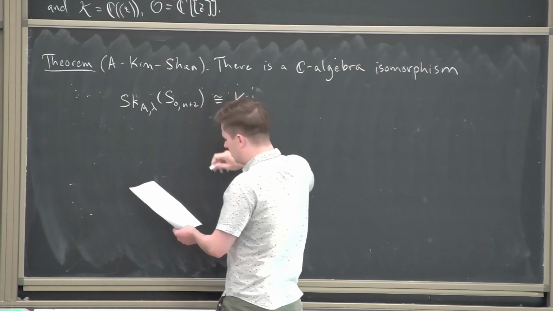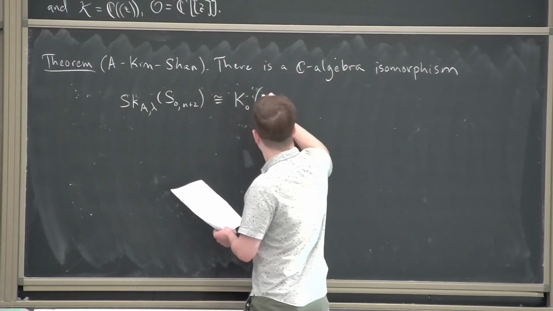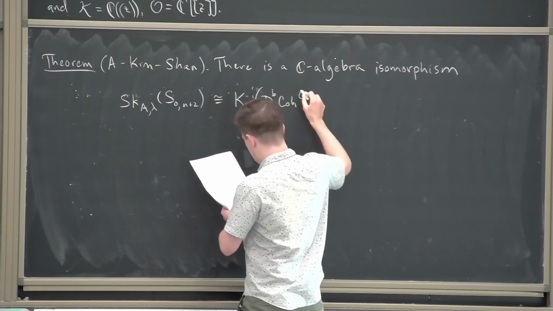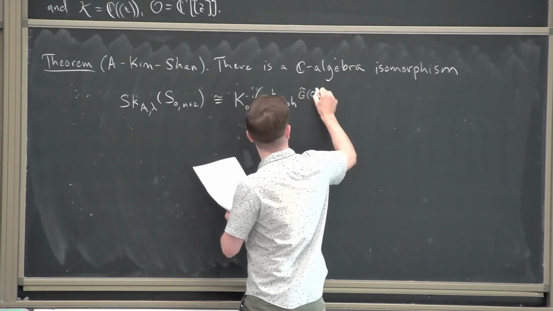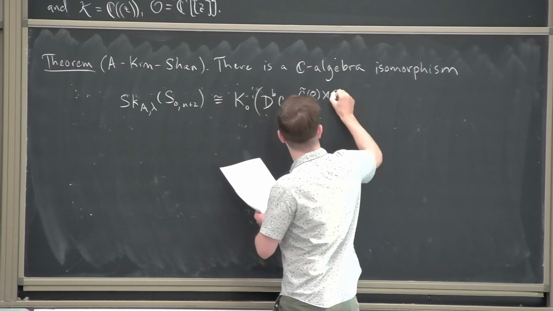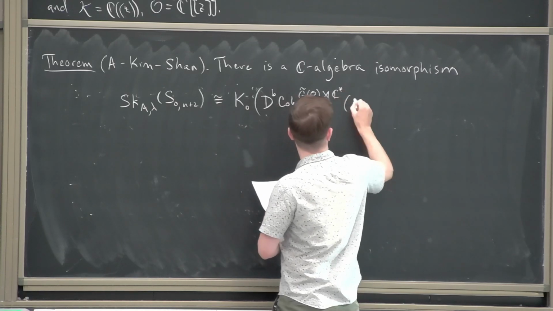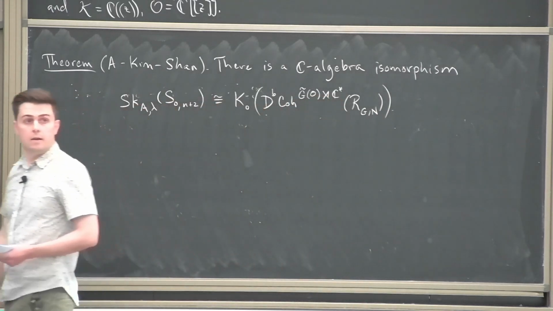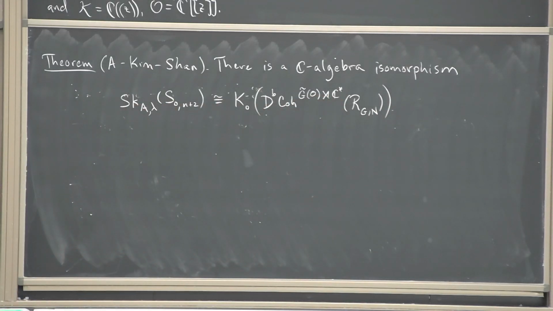So it's isomorphic to the Grothendieck ring of some monoidal category. And that provides some kind of solution to the conjecture of Thurston that I stated before. It gives you a categorification of the skein algebra, at least in this genus 0 case.